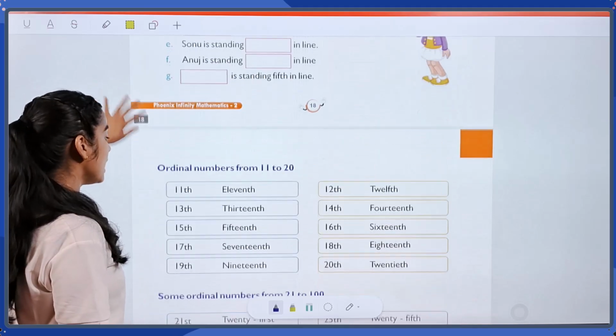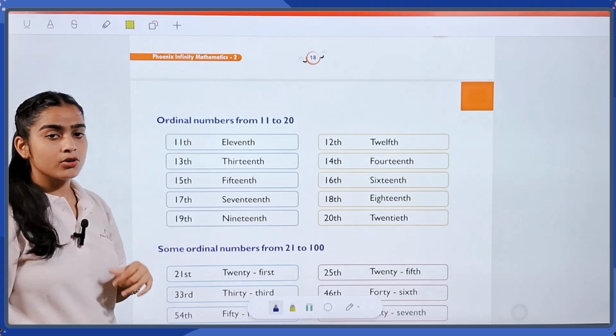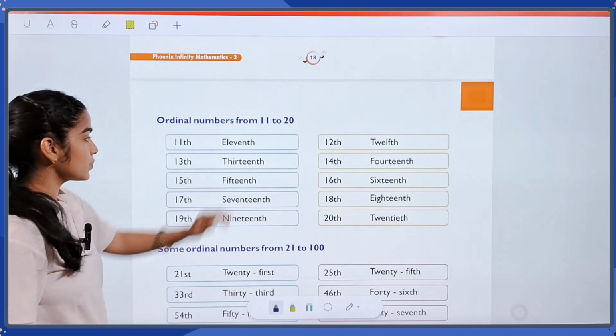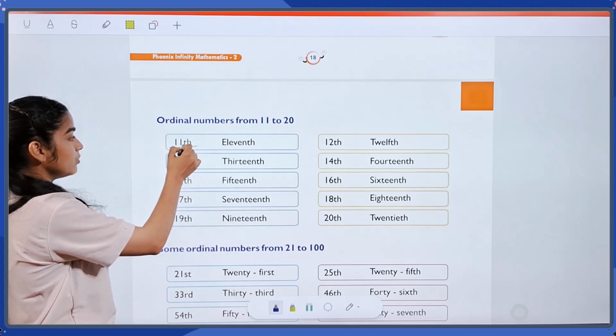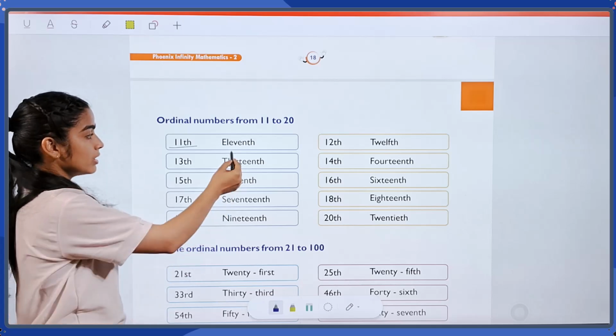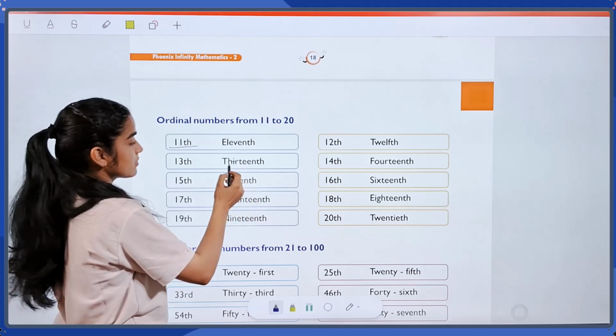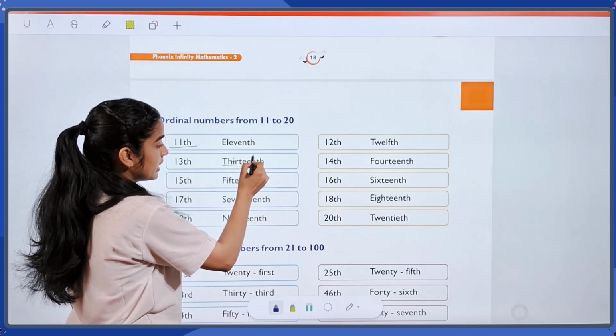Now ordinal numbers 11 to 20. So how can we make ordinal numbers from 11 to 20? For 11th you have to attach th to 11. So 11th, 12th, 13th. First we write 13 and then we add th.